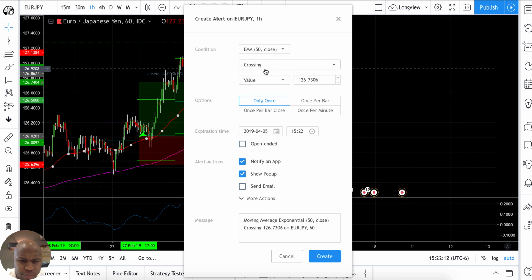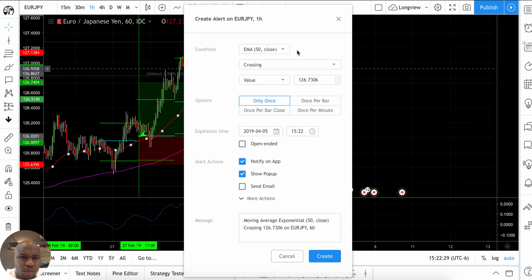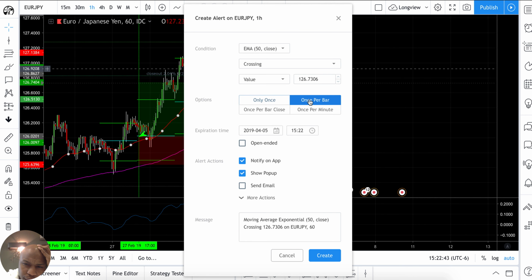I wonder how to do it to where it's once per bar.